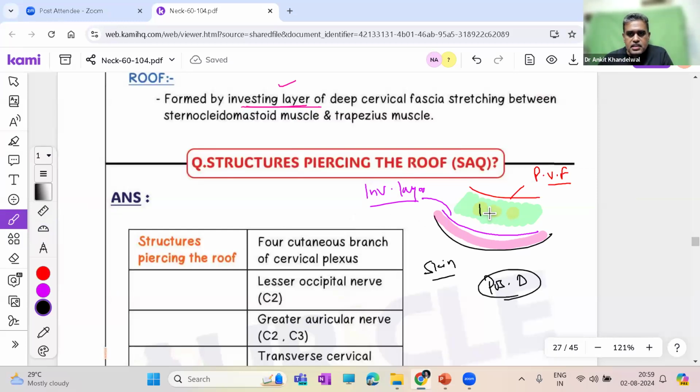If these structures have to come close to the skin, suppose 2 of them have to come close to the skin, they have to pierce which fascia? This purple color or this red color? Straightforward answer: this is purple color. Structures piercing the roof. Simple as that. Are you getting the point? The structures which have to come close to the skin need to pierce the fascia that is forming the roof. That is the whole point.